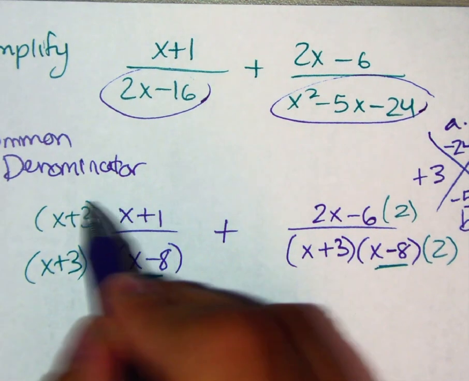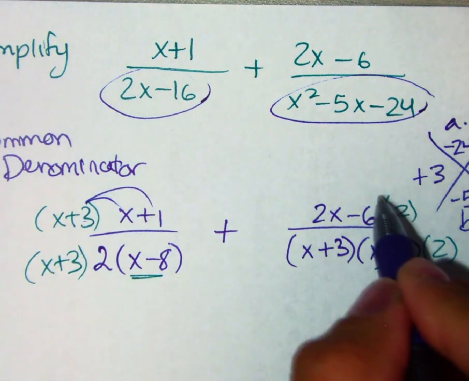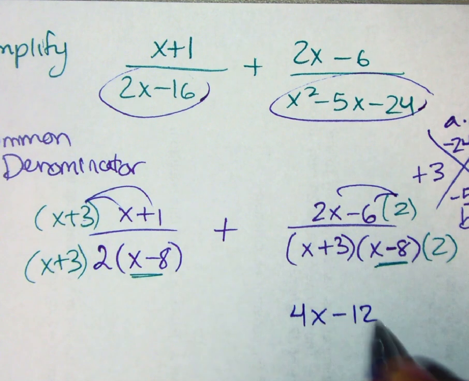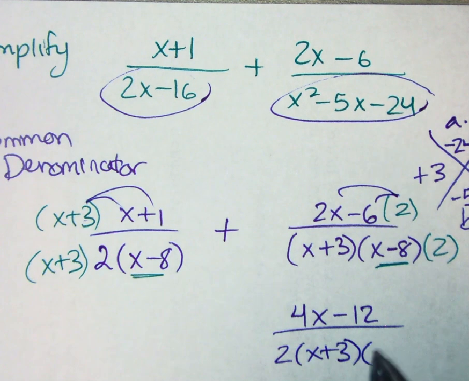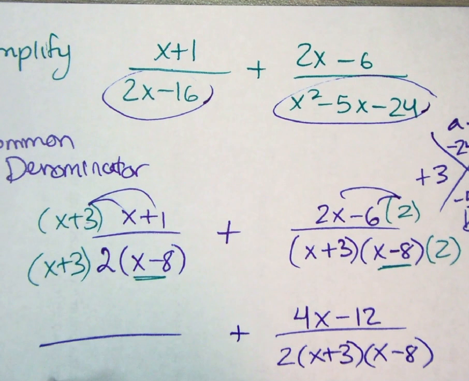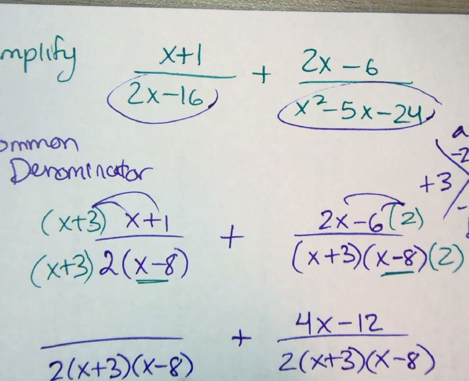And now we multiply. We multiply these two binomials, and then this 2 times these 2. So that's going to give you 4x minus 12 over here. And the factors are going to be 2 times x plus 3 times x minus 8 plus 2 times x plus 3 times x minus 8.